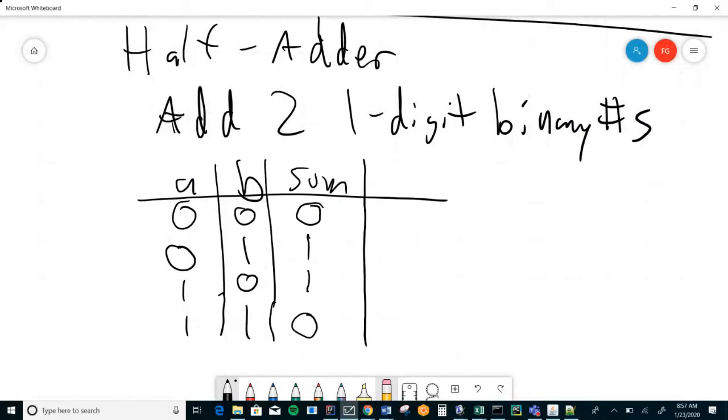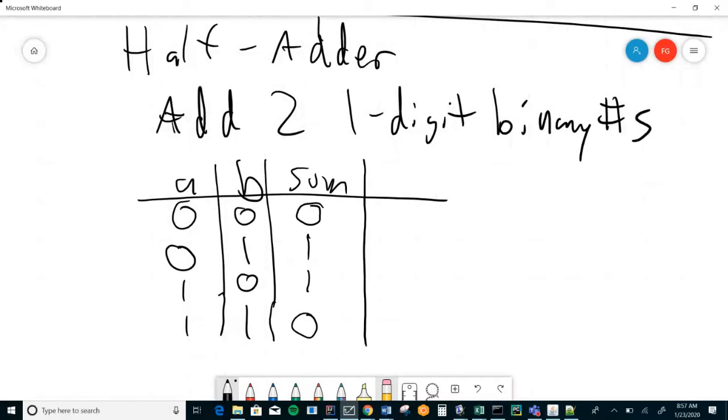But boy, is this unsatisfying. Not just unsatisfying aesthetically, unsatisfying on the level of, yeah, adding 1 bit is fine, but at some point, I want to use this as part of something that adds bigger numbers, right?